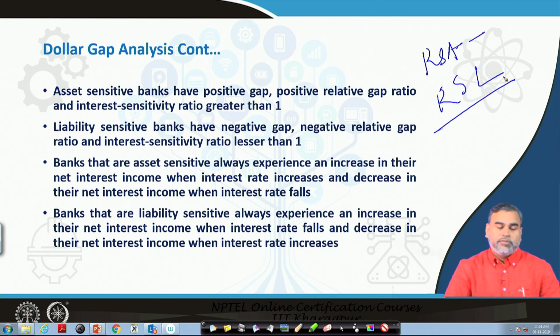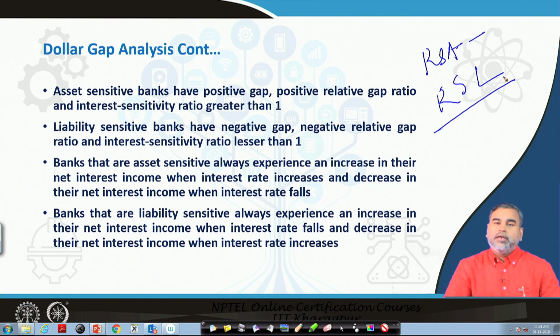And obviously if it is positive, the gap ratio, which is the dollar gap divided by the total assets, also will be positive. Then your RSA by RSL, that is rate sensitive assets divided by rate sensitive liabilities, will be greater than 1, because your numerator is more than the denominator.